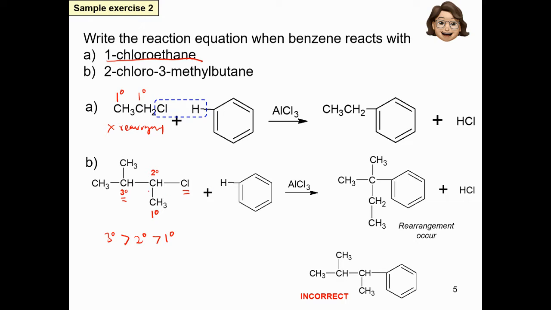Therefore, it will undergo rearrangement, meaning that the tertiary carbon will be attached to the benzene. HCl is eliminated. You will think that this is the carbon that is going to attach to the benzene ring. However, because of the rearrangement, it is actually attached to the next carbon. So if you put in the secondary one from here, it is incorrect.